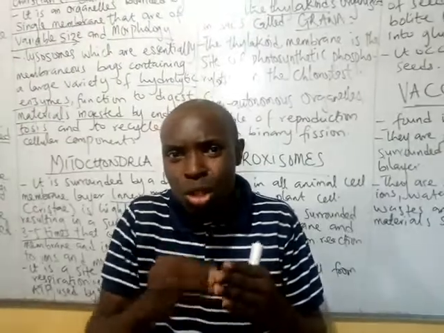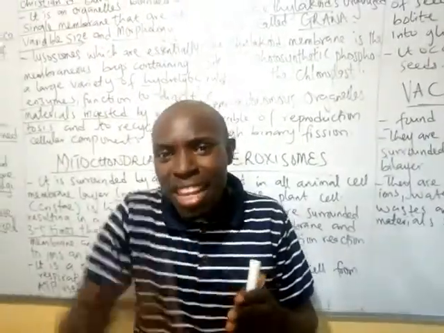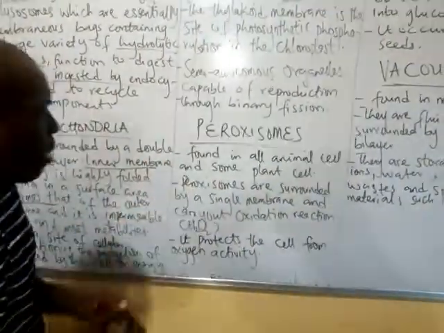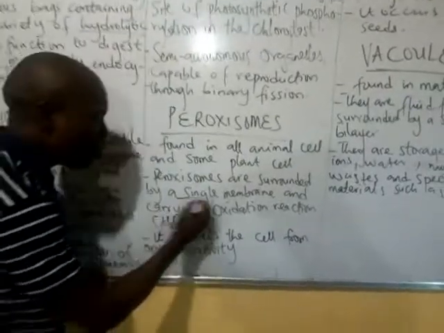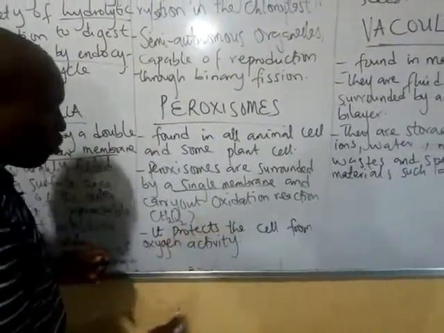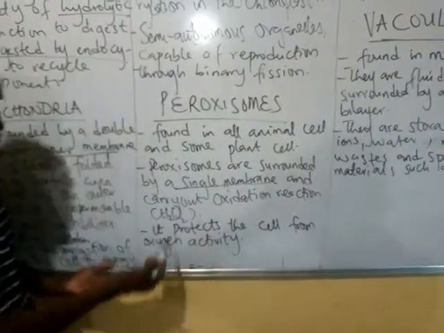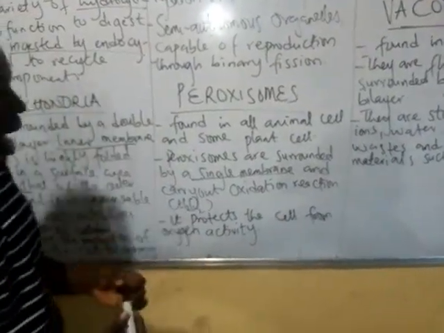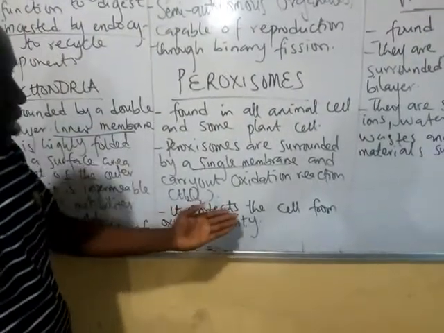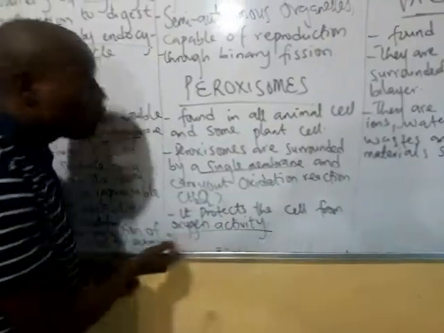When you test for the marker enzyme, catalase is high in peroxisome. So that means peroxisomes are surrounded by a single membrane, and they carry out oxidative reactions, in which they tend to oxidize hydrogen peroxide. Apart from that, it protects the cell from oxygen toxicity.